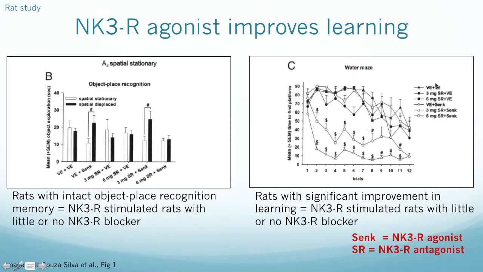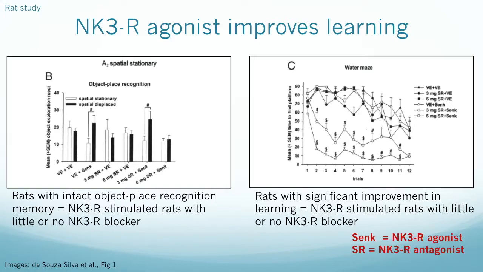So here we have the Morris water maze. Now if you remember, in the Morris water maze, a declining mean time to find the platform with additional trials represents memory. And here you can see if we give senktide, so the white triangles, you get a sharp decline in the mean time to find the platform with additional trials.